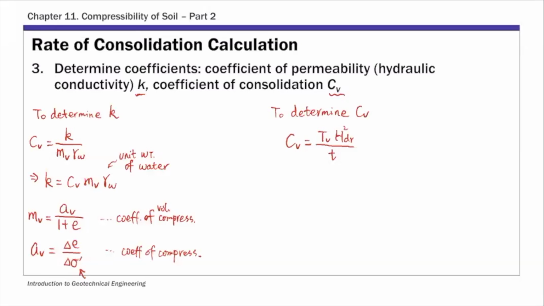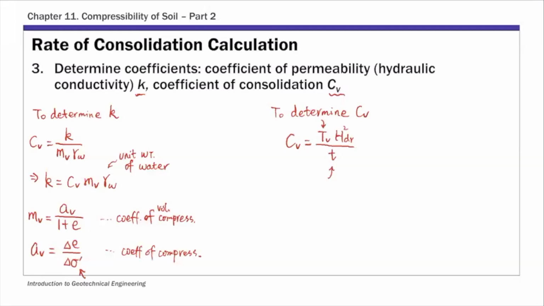So that's the equation you're going to use to determine C_V. Basically, if you know the time t corresponding to a particular degree of consolidation, T sub V is also known if you know capital U, so you can calculate C sub V.